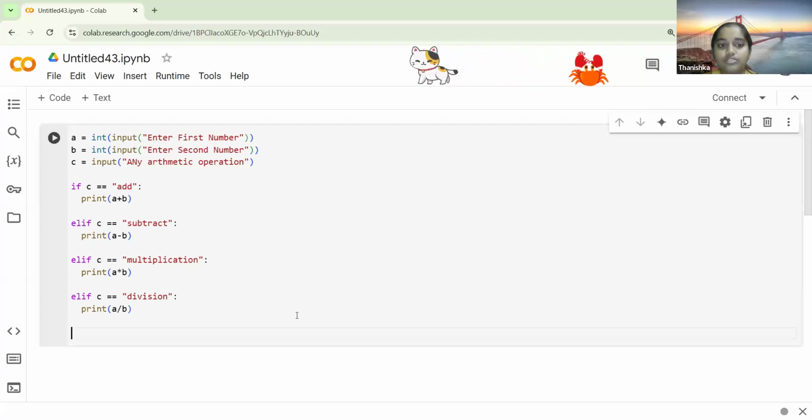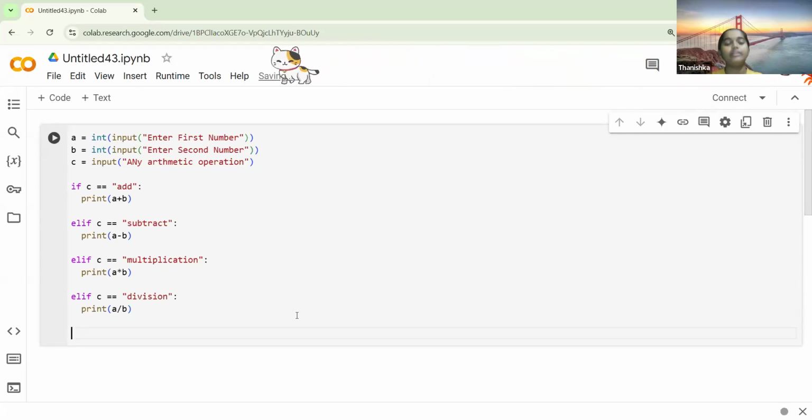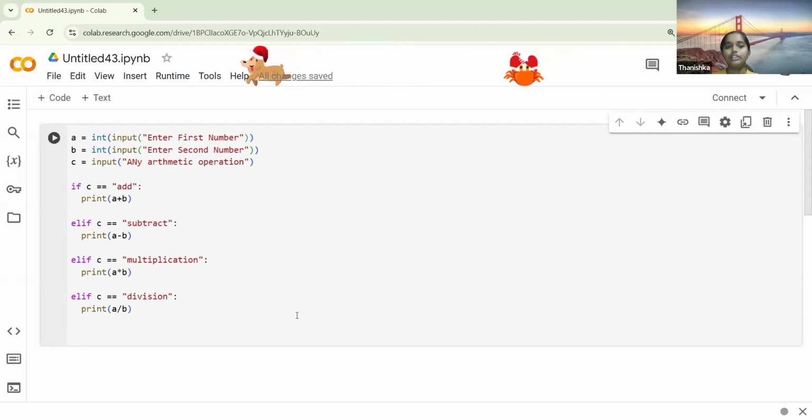Do you think there is any way where the code will give an error? What can happen? Maybe instead of elif, we have to type else.